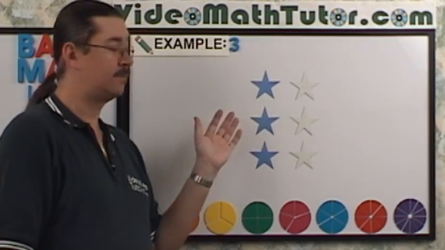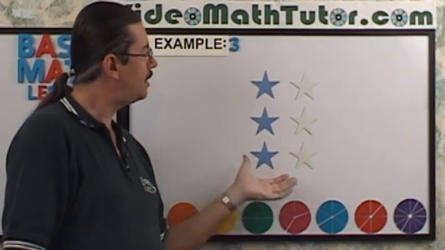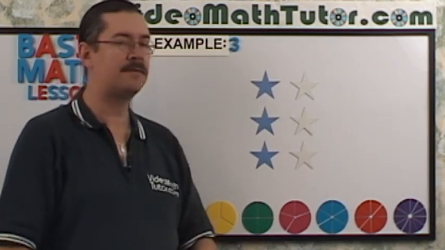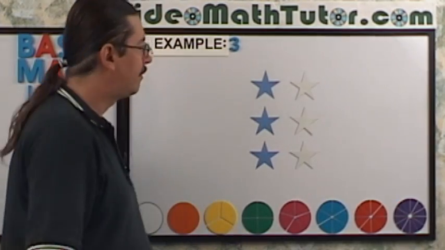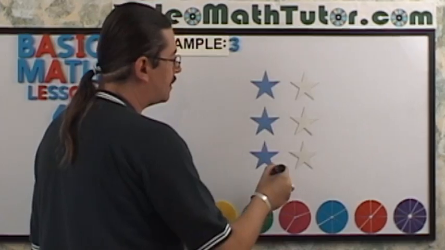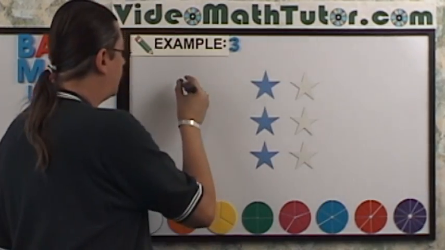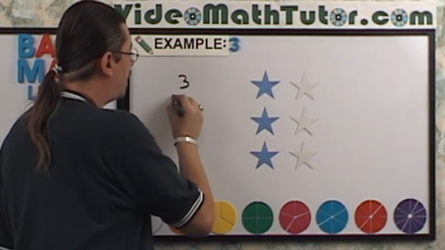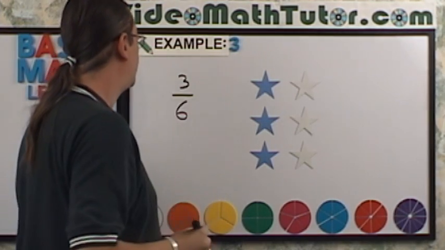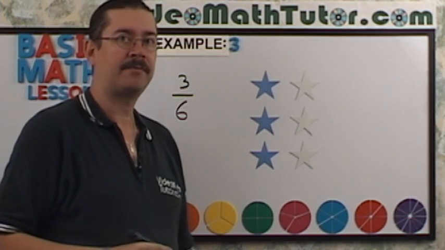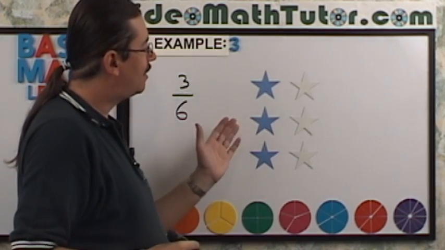What common fraction or fractions can you see here that's being represented by these stars? Well, out of a group of 6, 1, 2, 3 of them are a different color. So that's an answer. I can say 3 out of the 6 stars is a common fraction. But looking at this again, wait a minute.